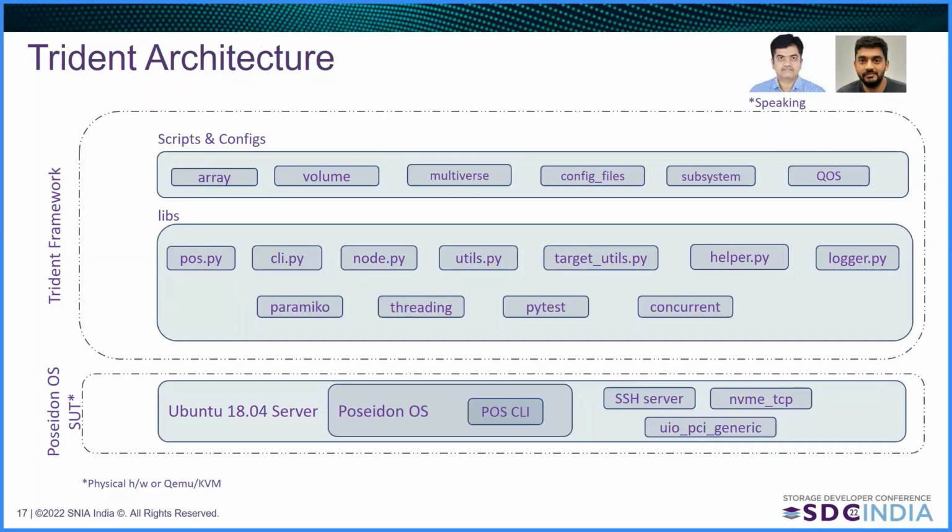And the other config file is the Poseidon config, which talks about the nature of Poseidon system required for the test case, like whether you want one array, two arrays, all those details can be given in the Poseidon config file. Then there are other subsystem test cases and QoS test cases provided in respective folders.